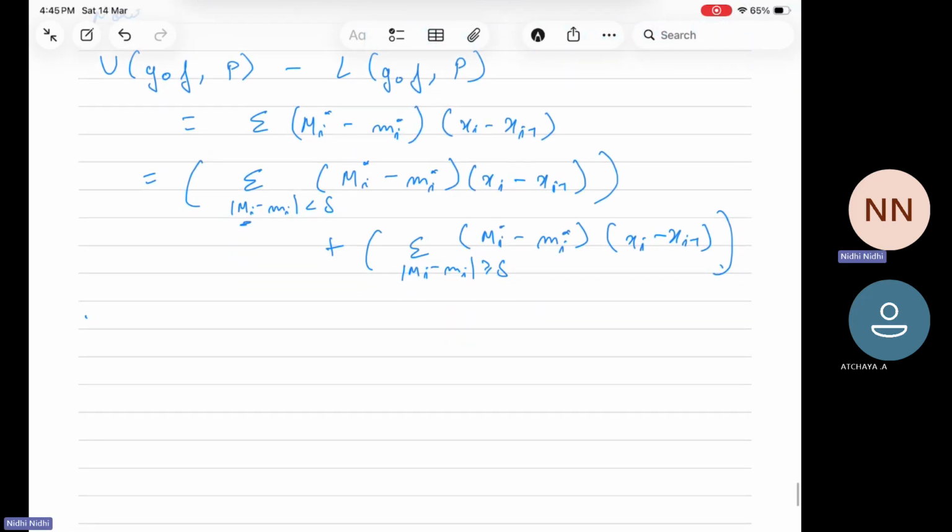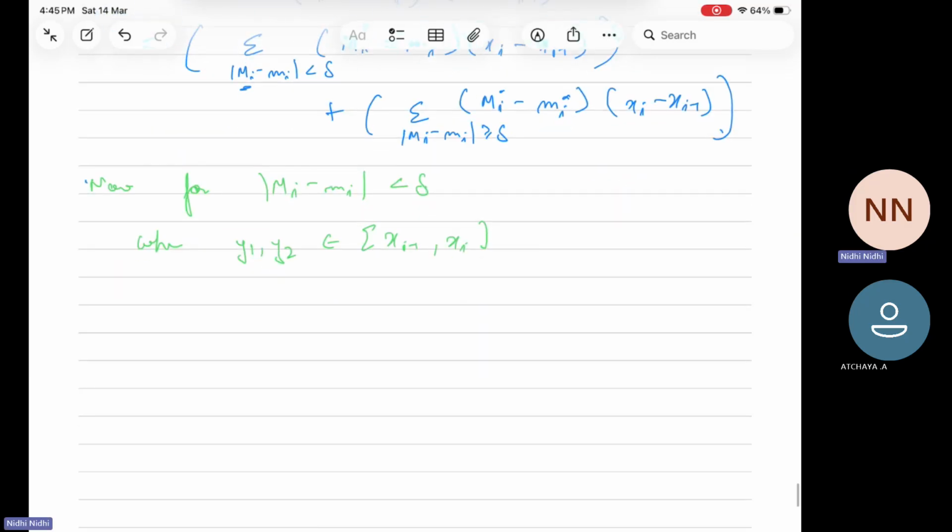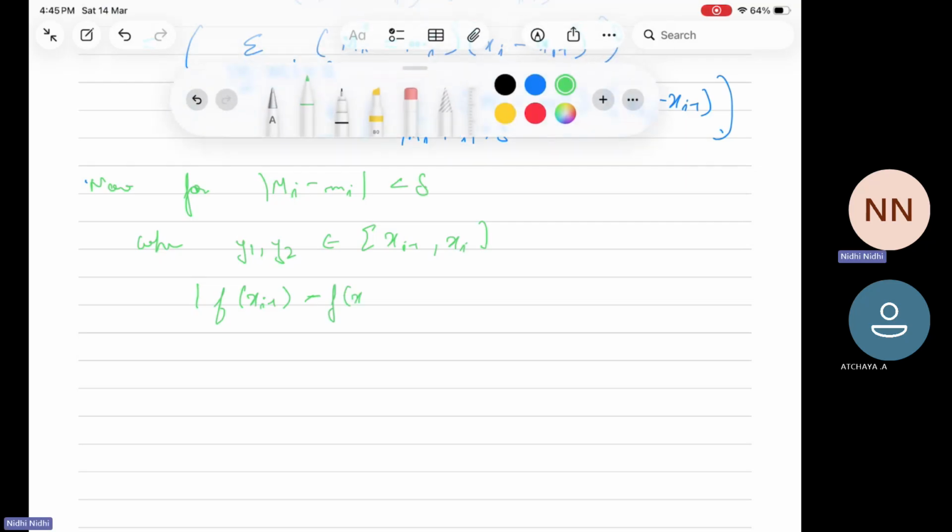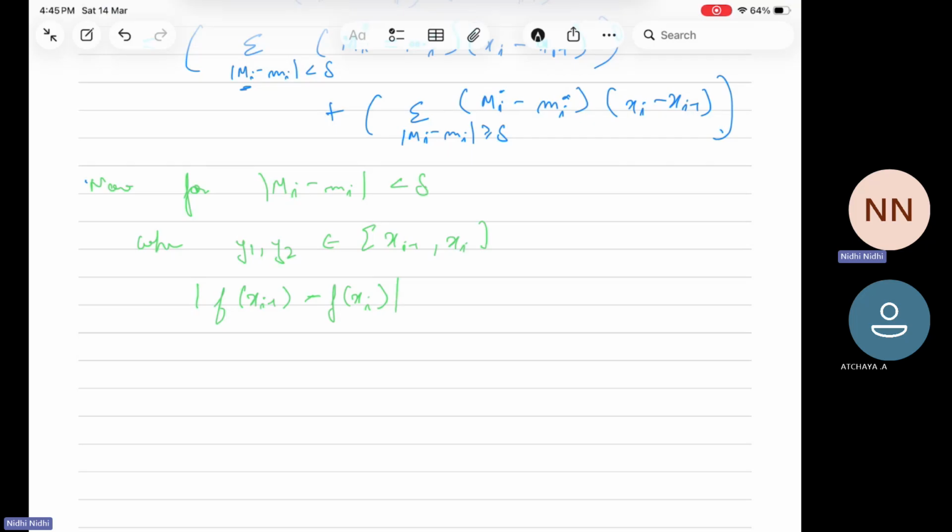So now, for the good points where Mi minus mi is less than delta, whenever y1, y2 belong to the corresponding interval x(i-1) to xi, we will get the modulus of f(y1) minus f(y2).